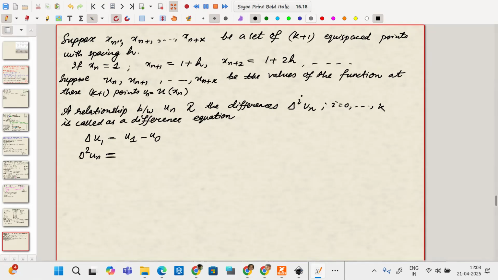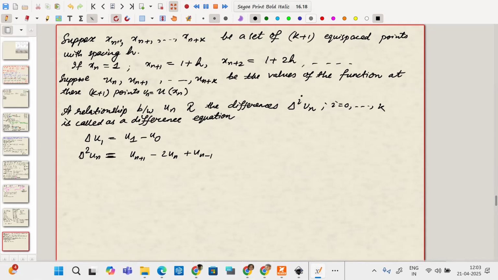Use the idea from partial derivatives: right hand side plus 2 times the whole plus the left hand side. So this is known as a difference equation.